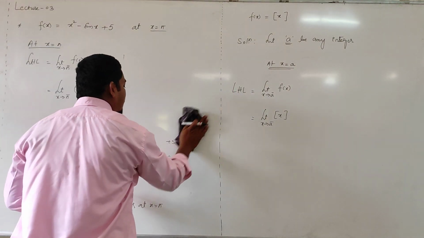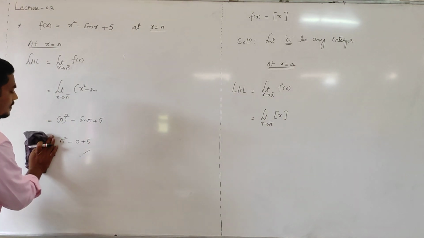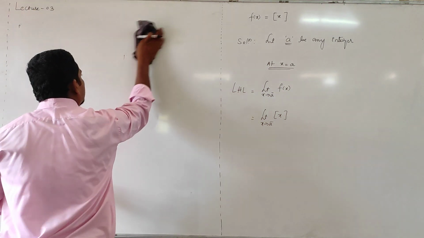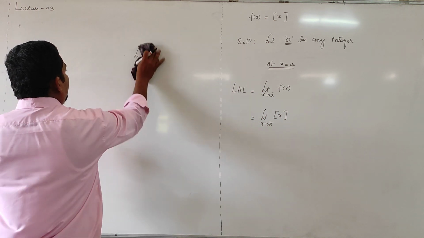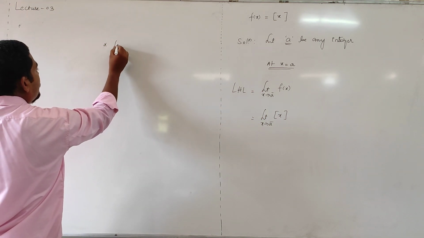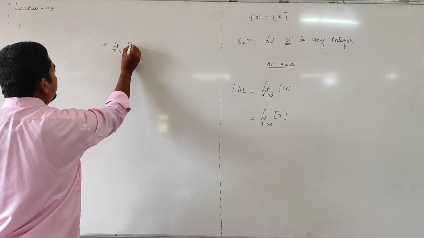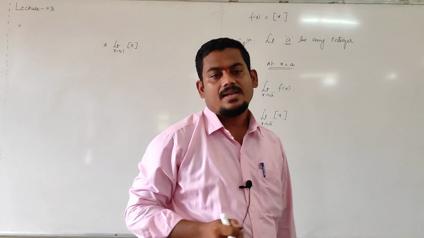Before that I will write some particular examples. For example, limit x tending to 1 minus of step x. What is its value?